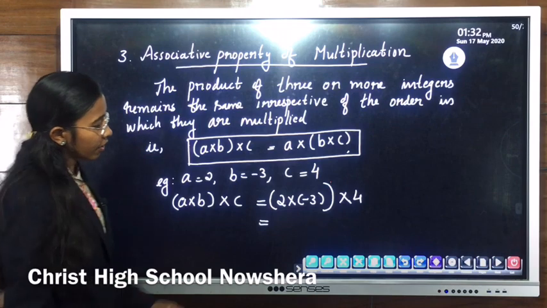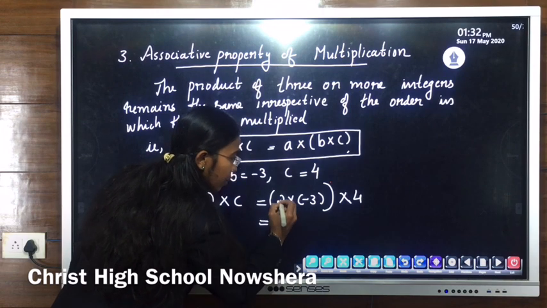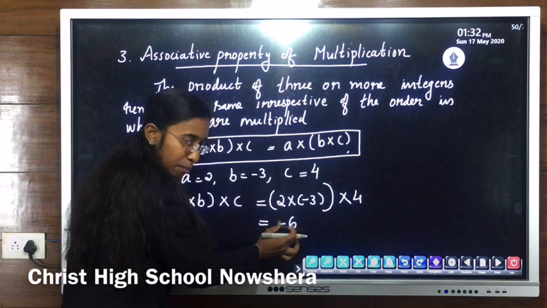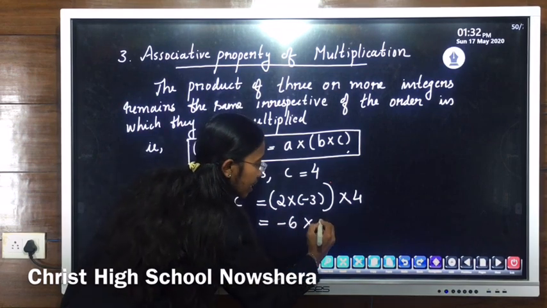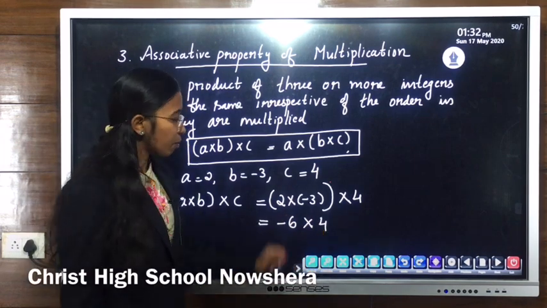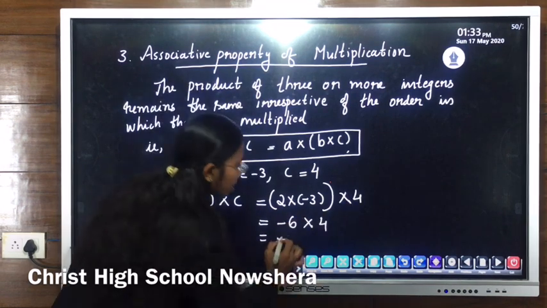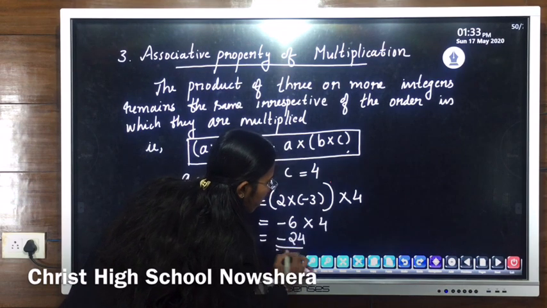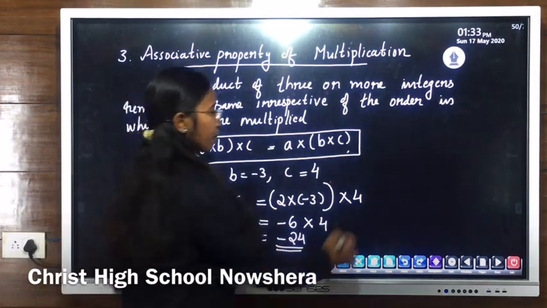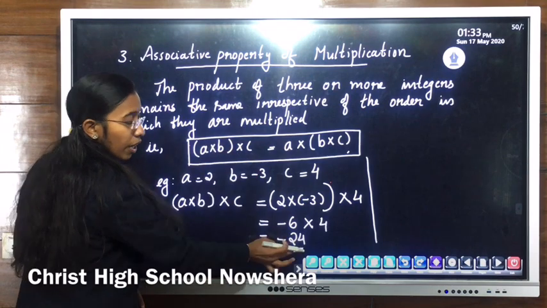This is unlike integers. Unlike integers, our sign is always negative. 2 into 3 is minus 6. So the value of 2 into minus 3 is minus 6, into what is remaining, 4. So again this is unlike integers. One is negative and one is positive. So here also our sign is always negative. 6 4s are 24. So our answer is minus 24. This is our LHS part, a into b into c. This value is minus 24.